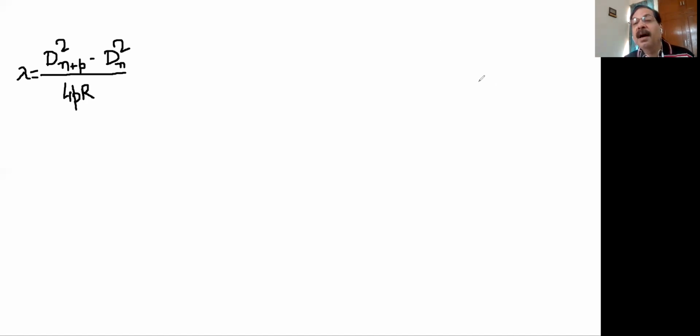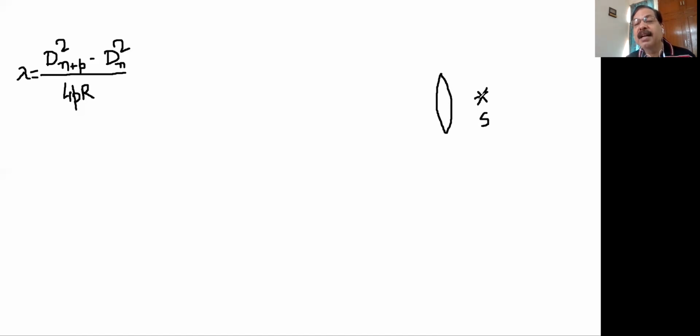Now I will discuss the experimental setup of this Newton's ring experiment. In this experimental setup, there is a source of light S and a convex lens is used.